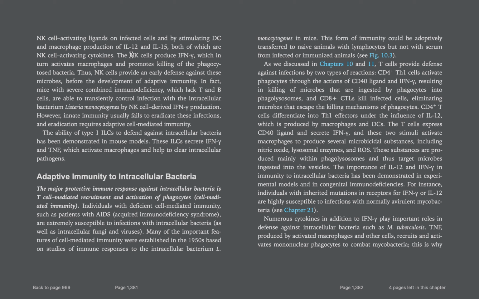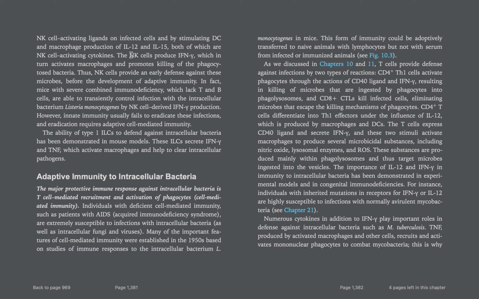As we discussed in Chapter 10 and Chapter 11, T cells provide defense against infections by two types of reaction. CD4 plus T helper 1 cells activate phagocytes through CD40 ligand and interferon gamma, resulting in the killing of microbes that are ingested by phagocytes into the phagolysosomes, and CD8 plus cytotoxic T cells kill infected cells, eliminating microbes that escape the killing mechanisms of phagocytes.